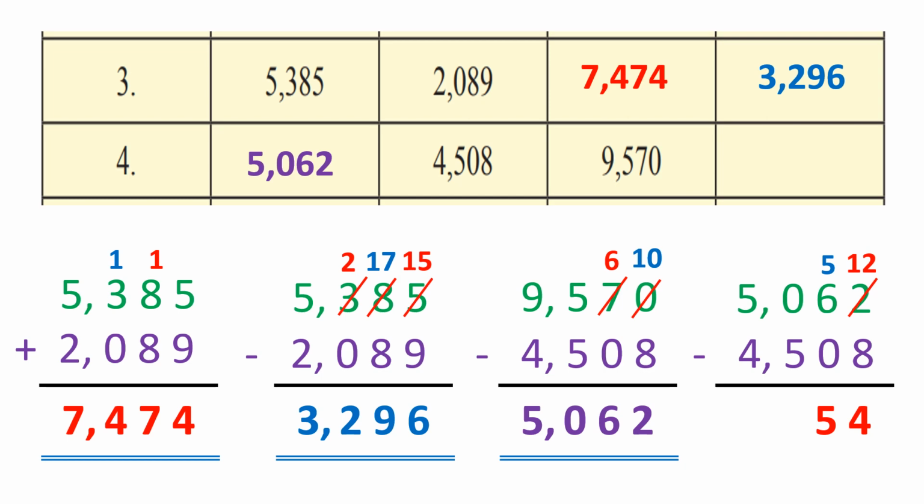Next is 0 minus 5, cannot be. You borrow from 5, becomes 10. 10 minus 5 is 5. 5 here becomes 4. 4 minus 4 is 0. Okay, your answer is 554. This is your answer, and then you write here for the difference 554.